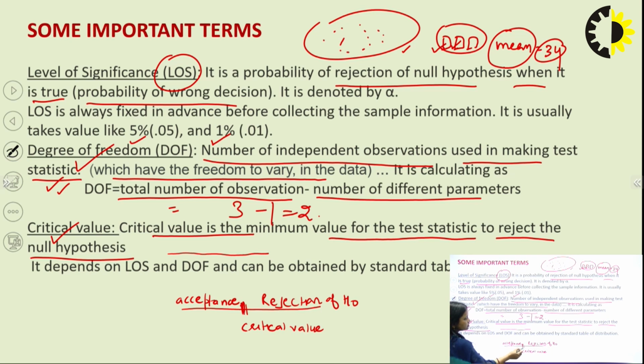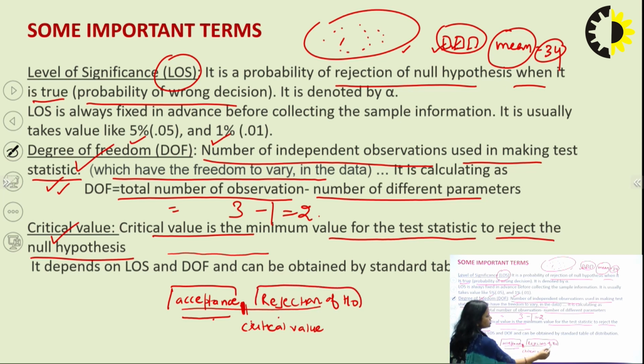So from this definition you can understand that the critical value is the minimum value to reject the null hypothesis. See, this one is the critical value. If the calculated value is less than the critical value, then we accept the null hypothesis, and when it is greater than the critical value, then we will reject the null hypothesis.